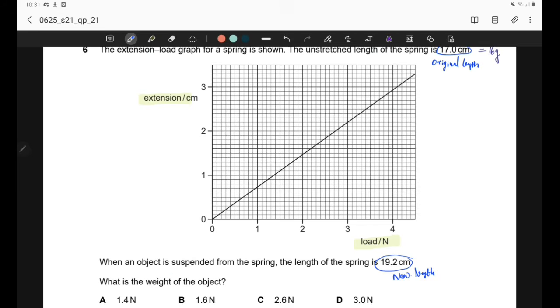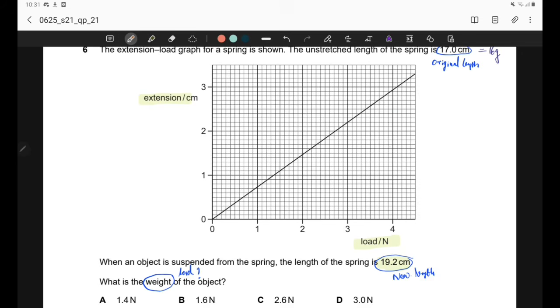What is the weight of the object? So we need to find out what is the weight which we have hung on the spring in order to have a new length of 19.2 centimeter. So we have to basically find what is the weight or load or force. So first of all, we have to check the extension of the spring.